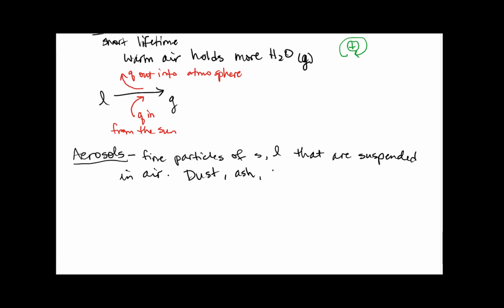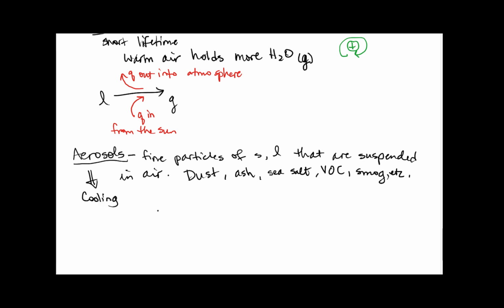They can be little bits of even sea salt that have gotten blown up. Of course, volatile organic compounds from lots of different things, smog, these can form droplets. Little bits of water, these are all different kinds of droplets. So aerosols generally are a cooling influence.